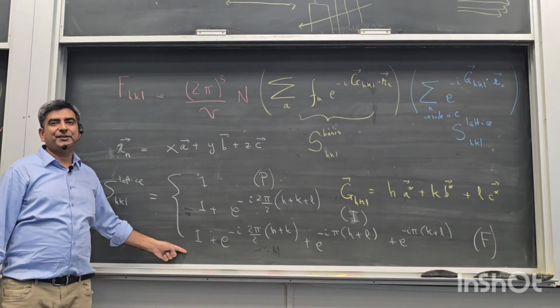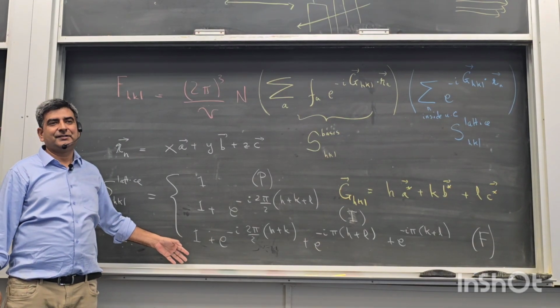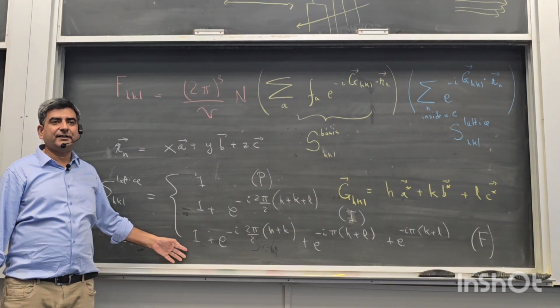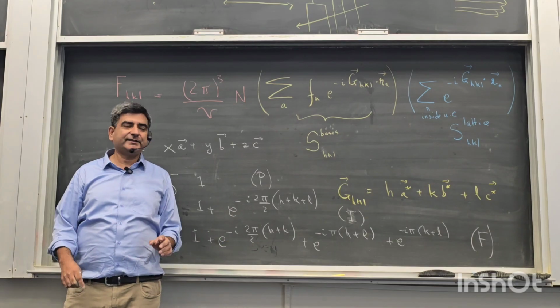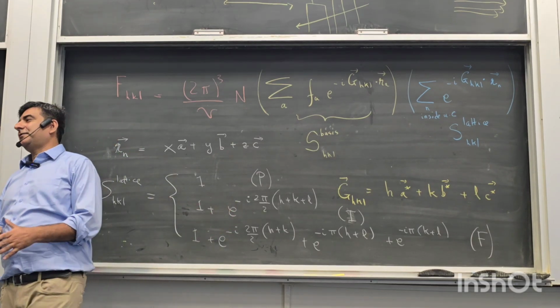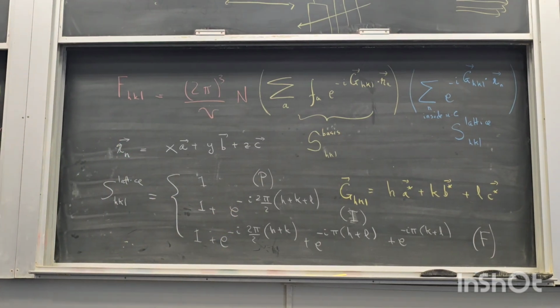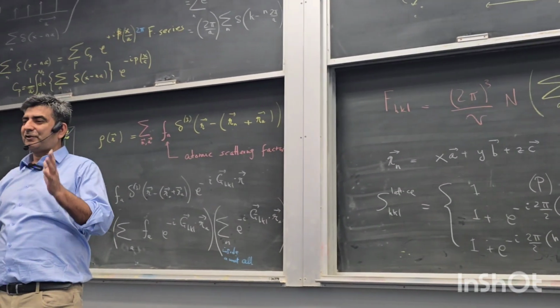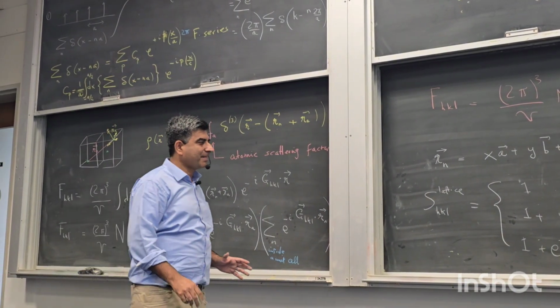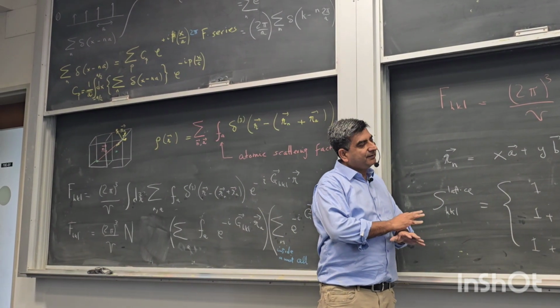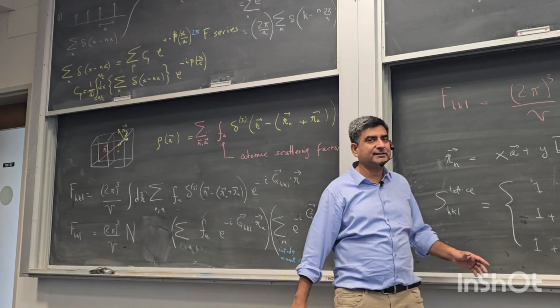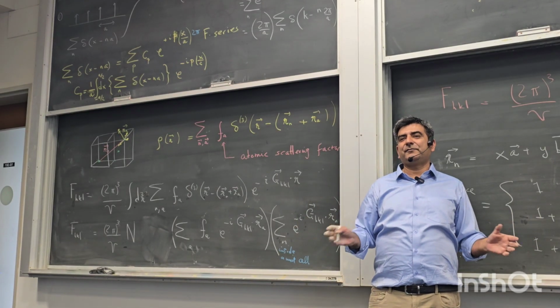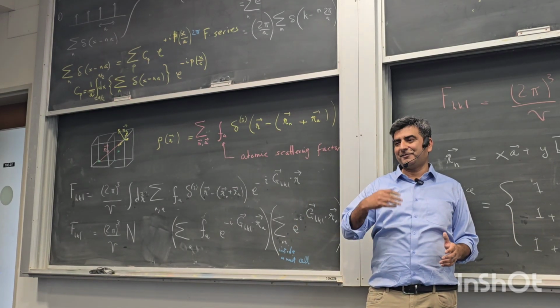For face centered, this factor is 0 unless all the indices are even or all the indices are odd. So for a face-centered cubic system, the reflection does not exist unless all the Miller indices from which a reflection is coming are even or they're odd.